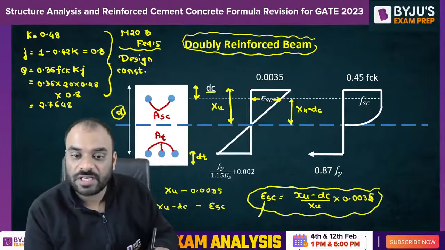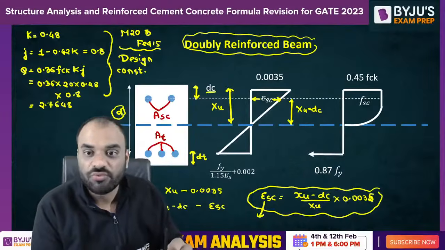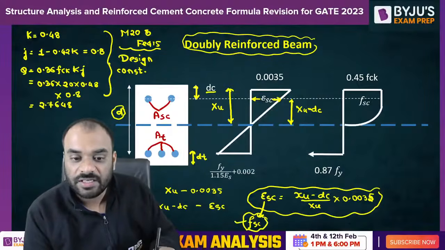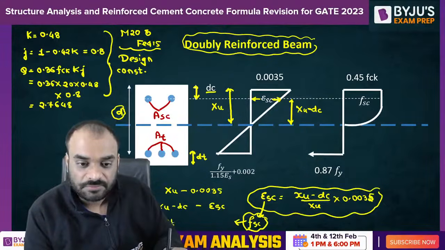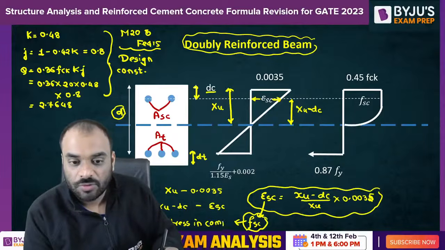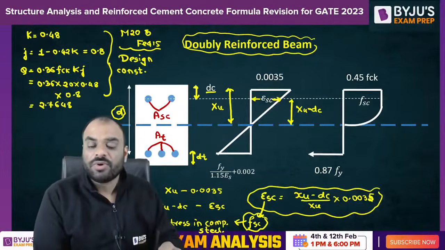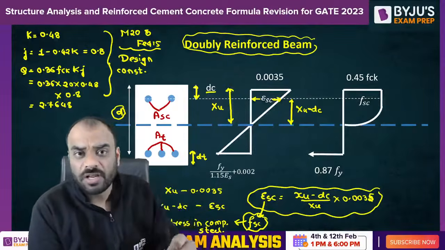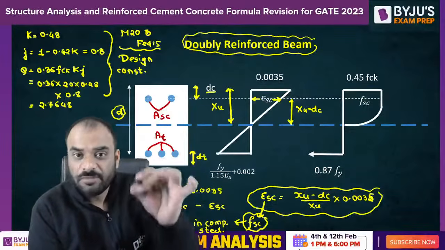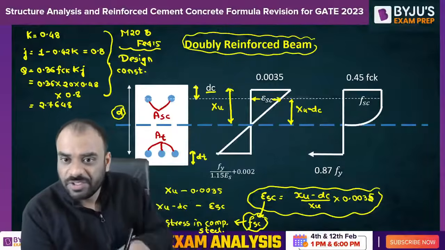After knowing the strain, you need to use the table to find out the value of fsc, which is the stress in compression steel. Now, the question is, sir, what is the formula to calculate the moment of resistance in case of a doubly reinforced section? There are basically two forces.